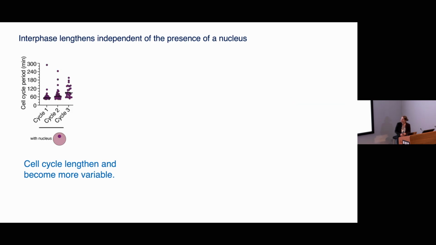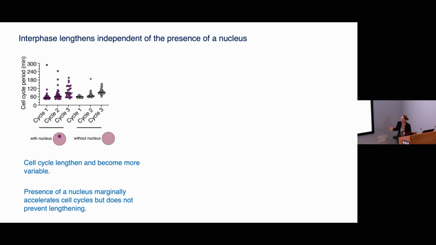So we can also look at this here. Here again, I show you the first 3 cycles, and we can see that the period significantly lengthens. So one thing we thought is, maybe this has something to do with the DNA, maybe with accumulating DNA with every cycle, maybe this is why the cell cycle lengthens. But I mentioned before that we always have these droplets with nuclei and the ones without.